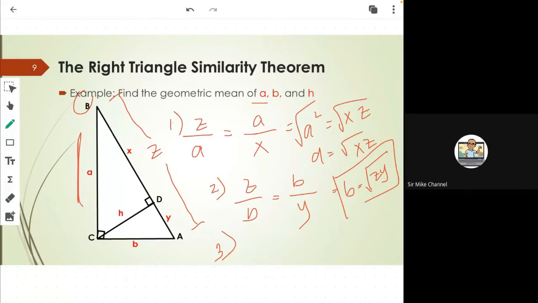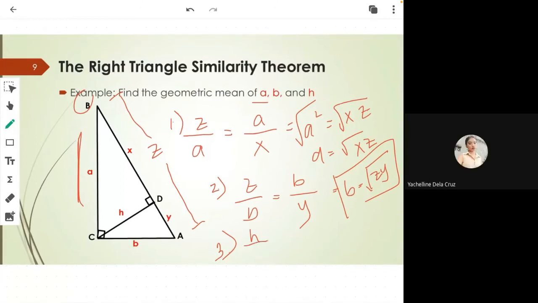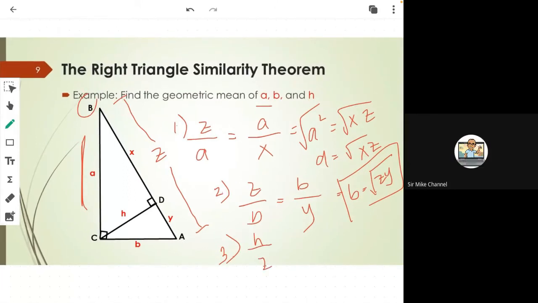H over, again, H over Z po. Tapos, is equals to Z over is equal to B po. Okay.